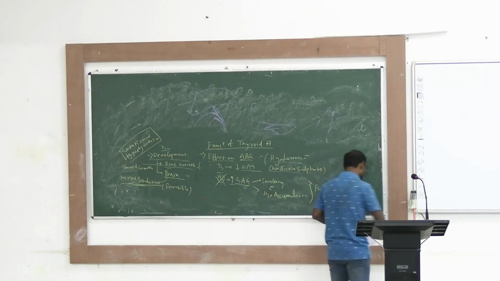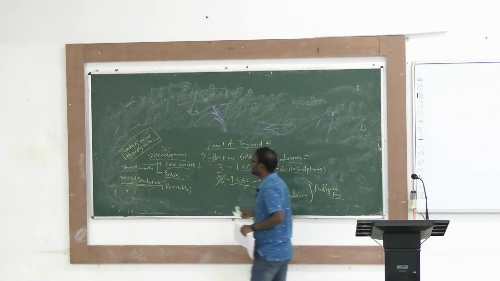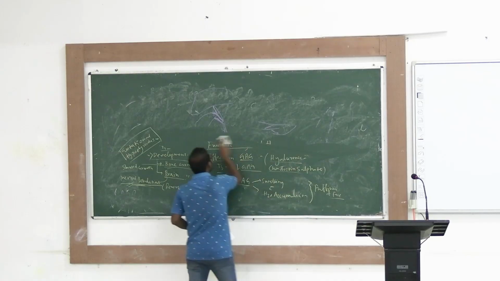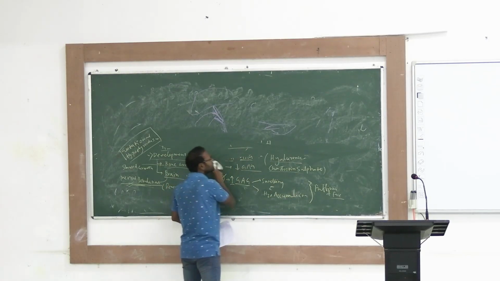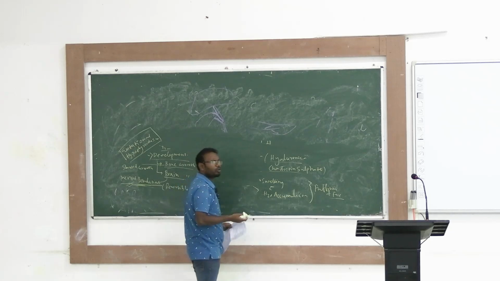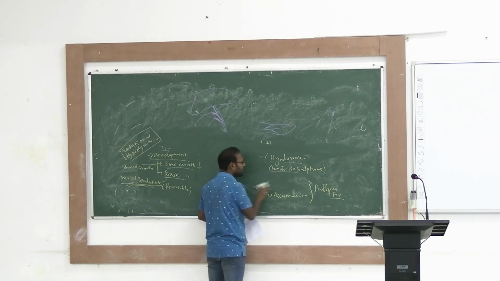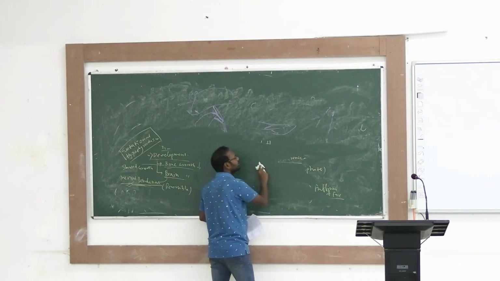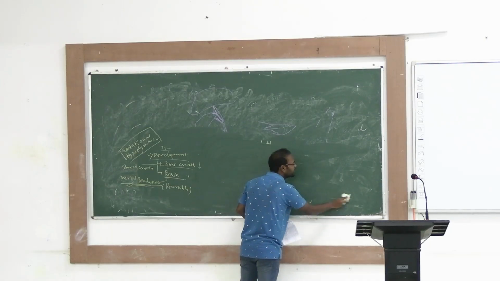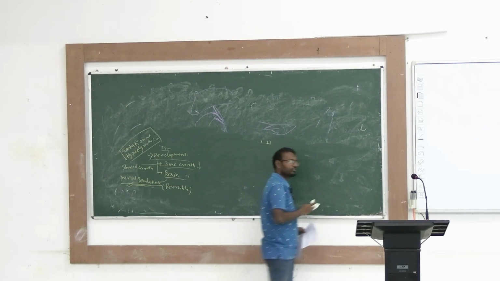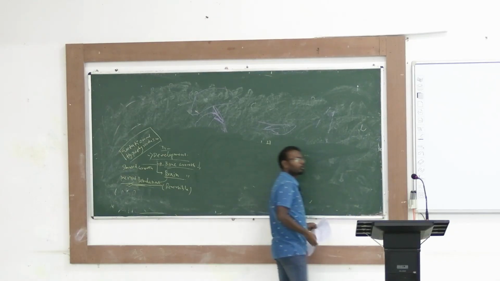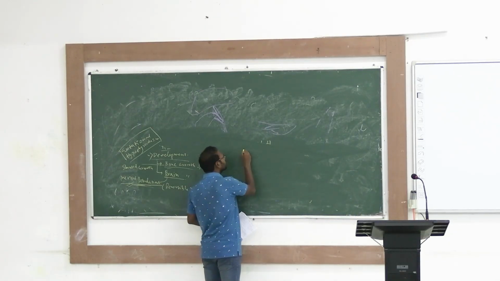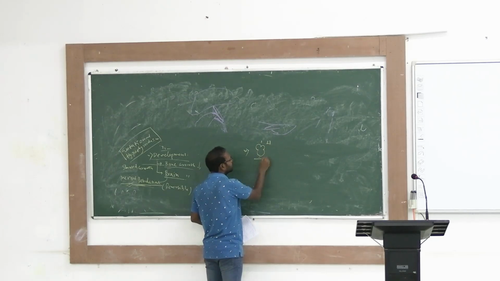Now, number 6 is on heart. Almost all the physiological functions are controlled by T3. T3 increases the sensitivity of the heart to norepinephrine-like drugs. So number 6, effect on heart.